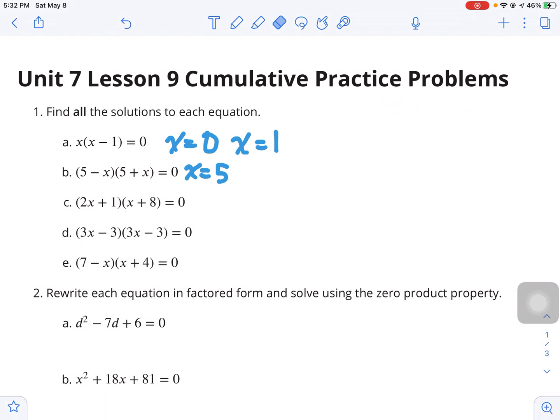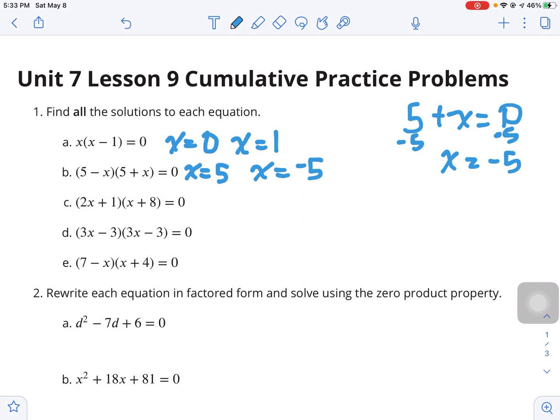And then the next one, 5 plus x is equal to 0. We would subtract 5 from both sides, and we get x is equal to negative 5. So those are the two solutions for B.